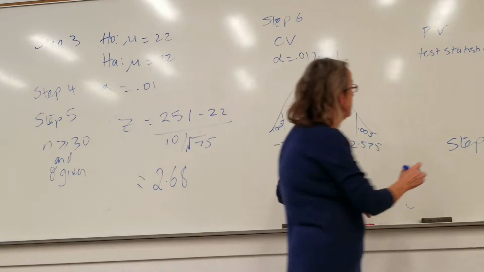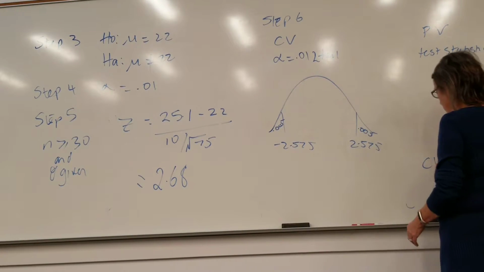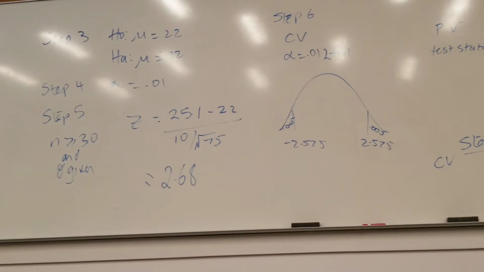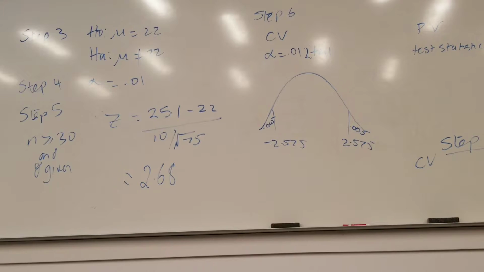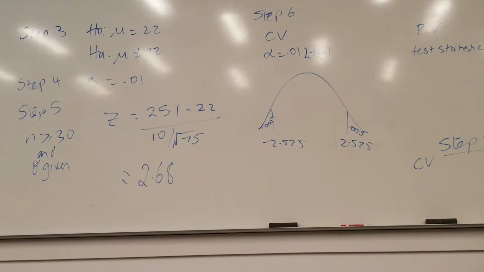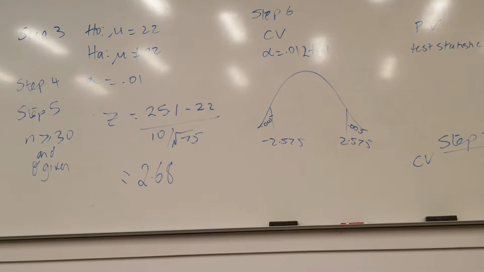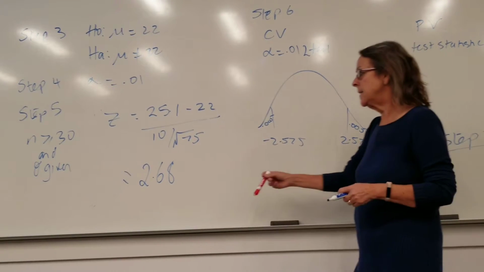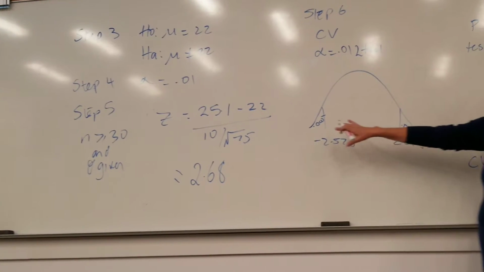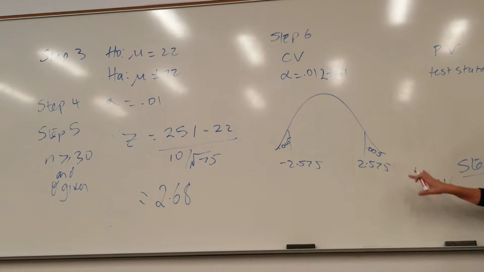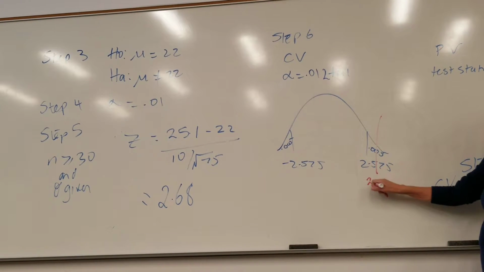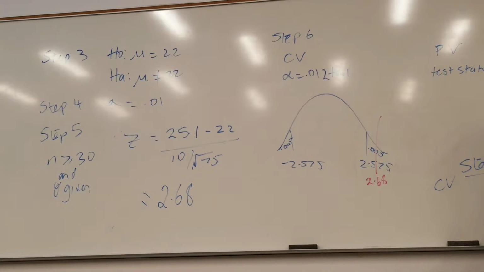So in step 7, with the critical value method, what am I comparing to what? Yeah, I'm comparing my test statistic to my critical values. My test statistic is 2.68. Where does that fall in my graph? Up here, doesn't it? 2.68 is out over here.